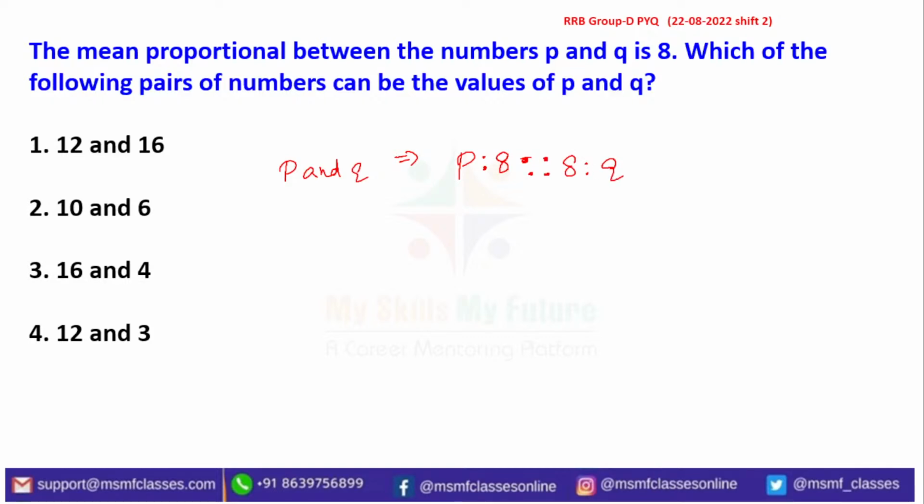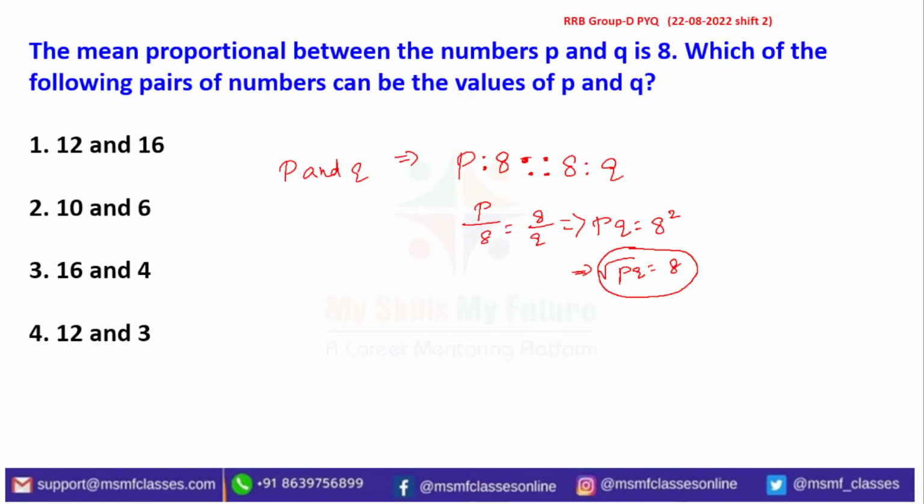So p by 8 is equal to 8 by q. So pq is equal to 8 square, that is, root pq is equal to 8. They have given this as the mean proportional.